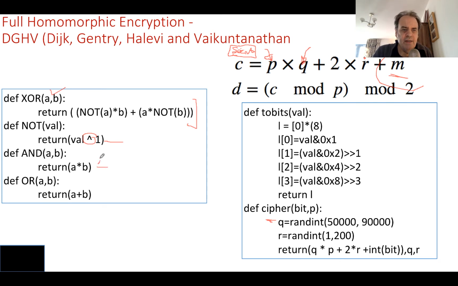An AND is equivalent to a multiplication in this method, and an OR is equivalent to an add. This works because we're only looking at the least significant bit. If we want to take a value and split it into its bits, let's say we split it into 8, this creates a list with 8 zeros, so 0, 0, 0.